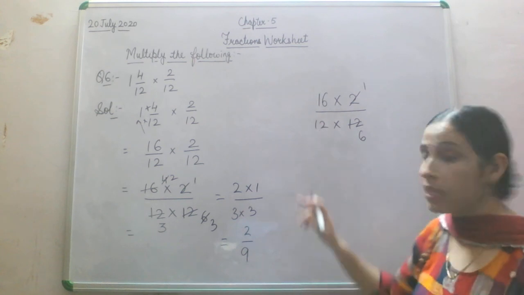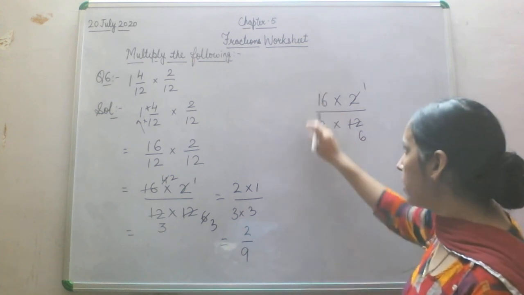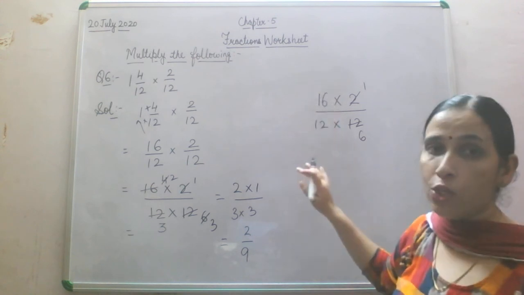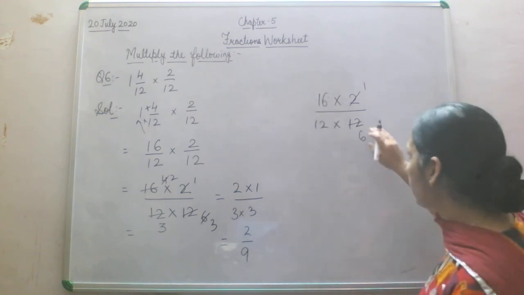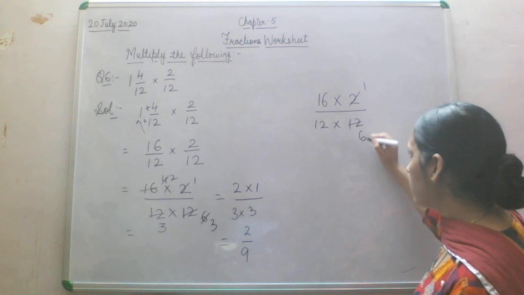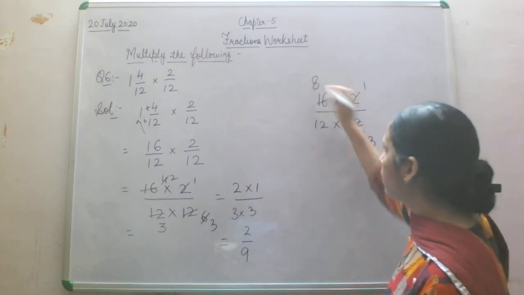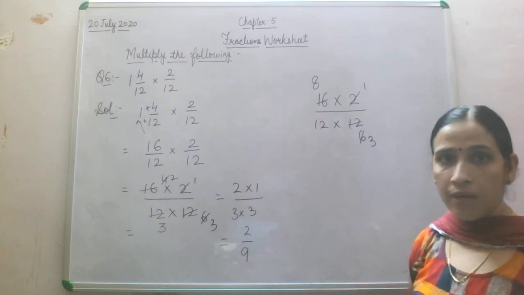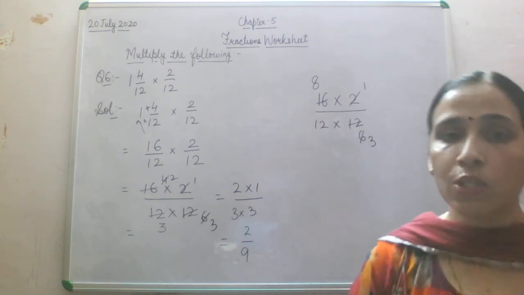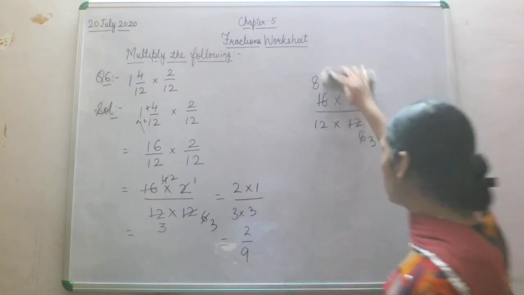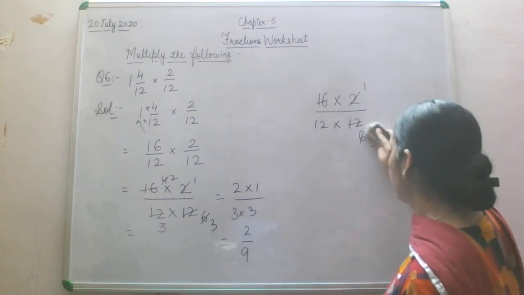It is not necessary that you see only the same numerator and denominator. You can cancel this number with this one also, like 2 threes are 6 and 2 eights are 16. We can do it with this method also. So you can opt for any one of the methods.